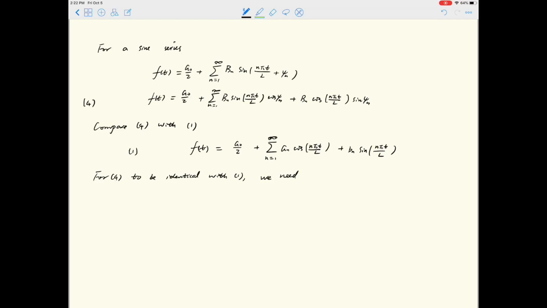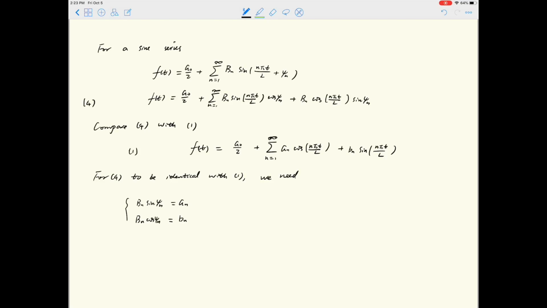First, Bn sine psi n should be equal to little an. That's the coefficient for the cosine n pi t over L. And Bn cosine phi n should be equal to little bn.